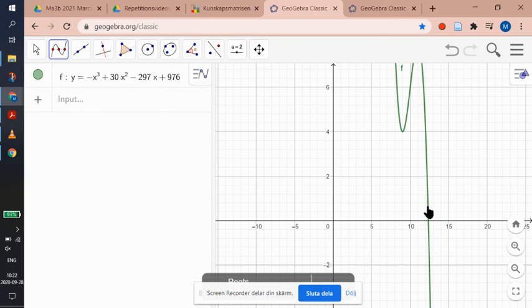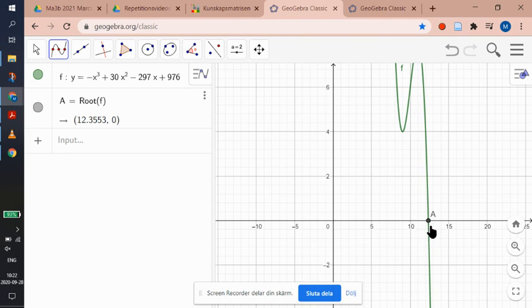I think on this program it's called roots, actually. Okay. So we found that this is the answer to part B. The answer is that the zero of the function is when x equals 12.36. And we would give this as a value rounded to a certain number of decimal places.